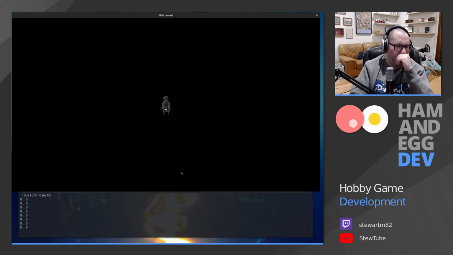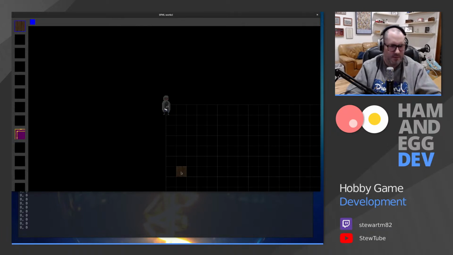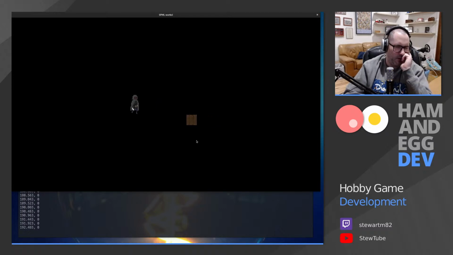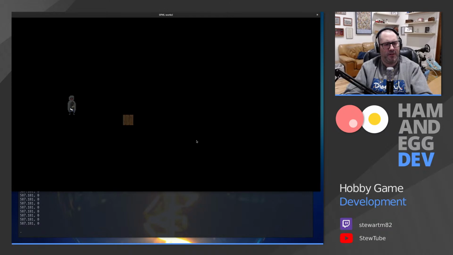I can't actually figure out what's happening here because if I place a tile there and move, what it looks like is the whole view is moving. Or like the tile is moving. The tile, but the player's sprite is not centered.